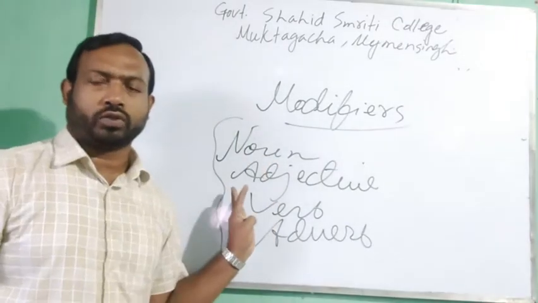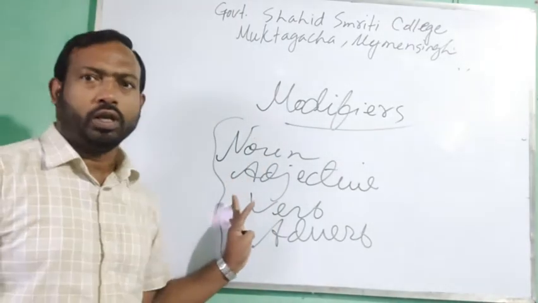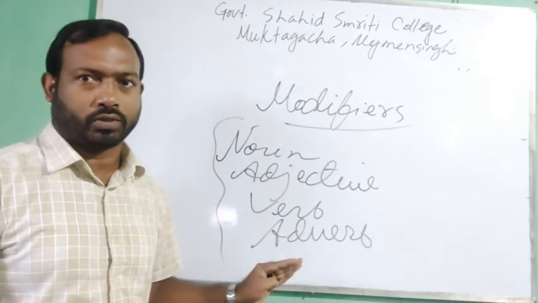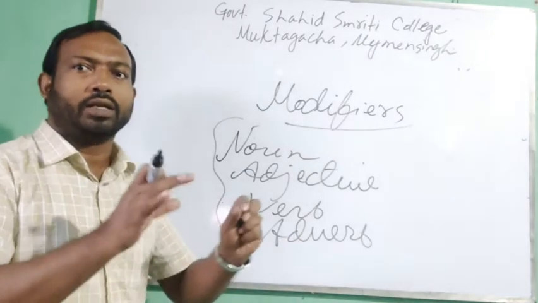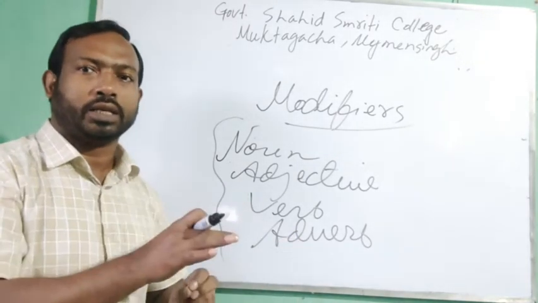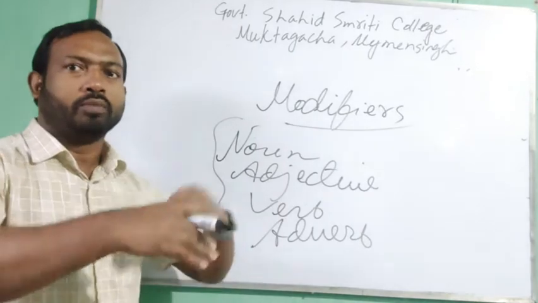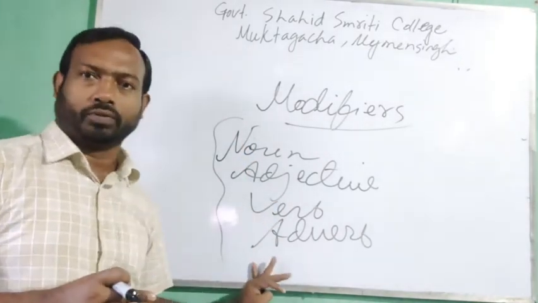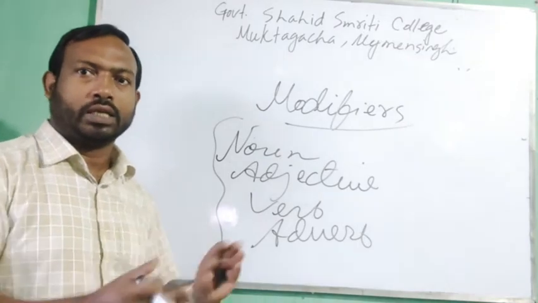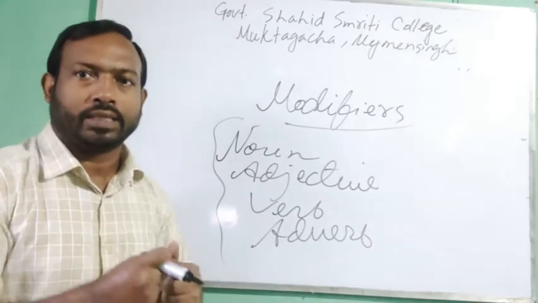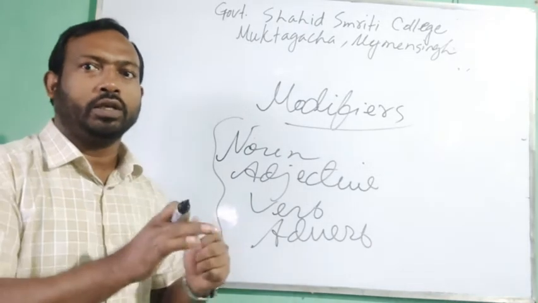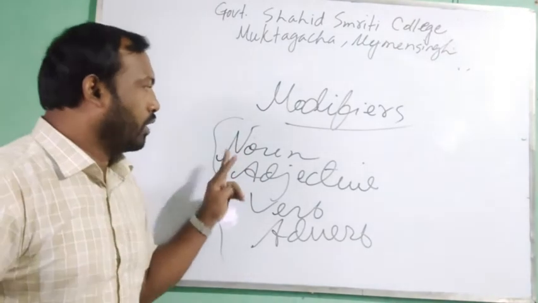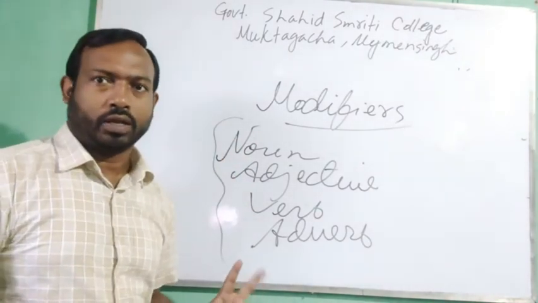These four parts of speech are modified by other words, phrases, or clauses, which add value, add information, or tell something more about the noun, adjective, verb, or adverb to which they are attached, and add meaning to the existing noun, adjective, verb, or adverb.